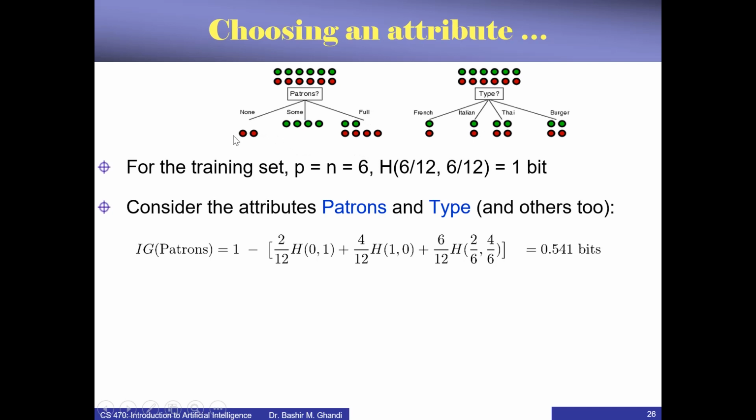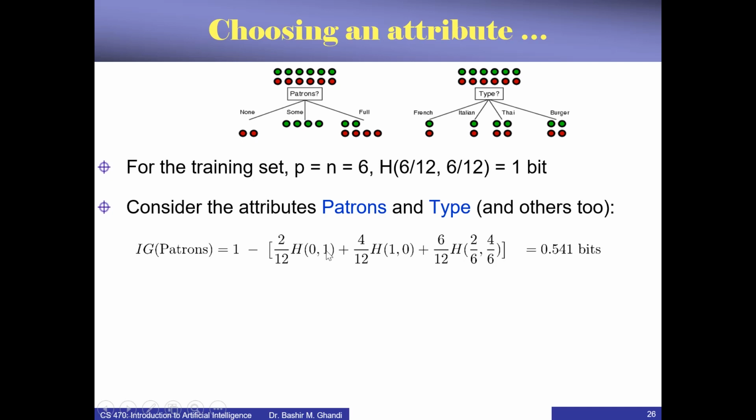And if you look, in the 2 examples that we get in the none branch, they are both negative. So basically we are going to have the entropy of 0, 1. In other words, there are no positives.